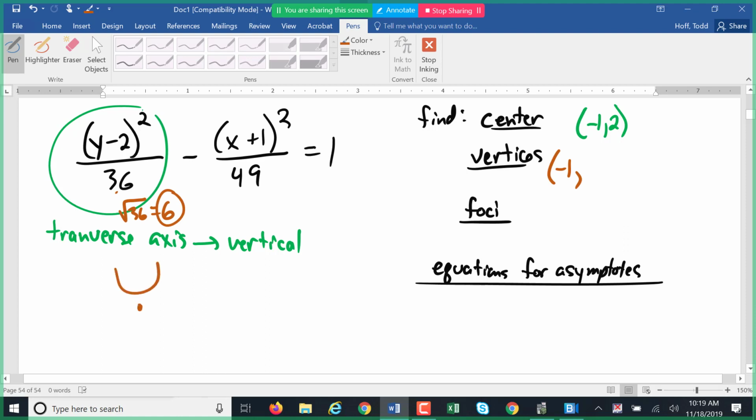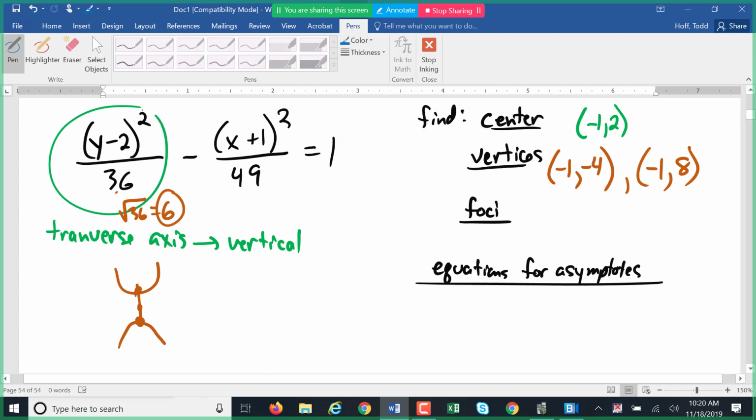Since our hyperbola opens like that, one vertex is above the center, one vertex is below it. So the lower one is going to be 2 minus 6, or -4, so at (-1, -4). The other one, our x-coordinate still stays -1. 2 plus 6 is going to be 8. So our vertices are at (-1, -4) and (-1, 8).